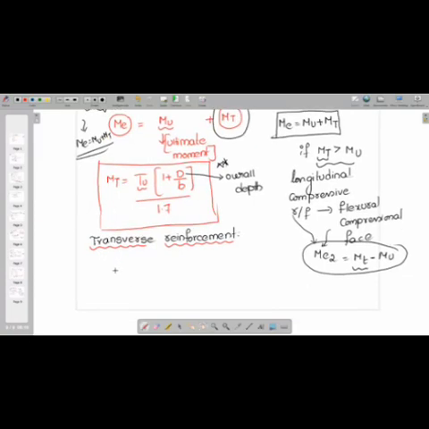The formula is 0.87 Fy Asv d upon Sv should be equal to Tu by b1 plus Vu upon 2.5. This is very important. This you have to remember.